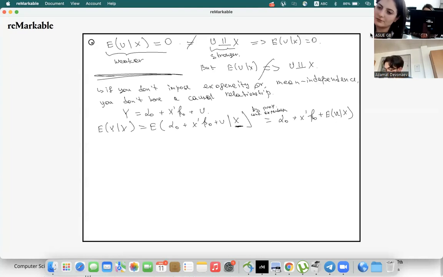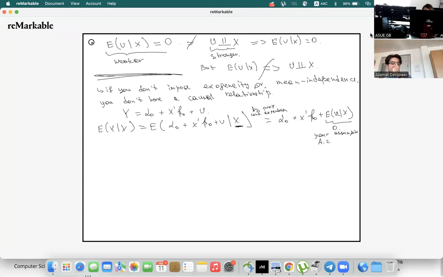Because if it is a function of x, then when you change the x's, since you don't observe u, it will move around and cause trouble in your explanation of y. So that's why you impose the condition that this thing is 0. This is your assumption. It might not be true.